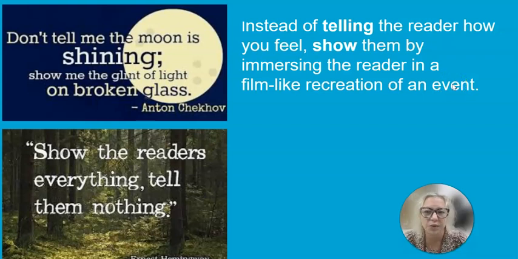So in the example from Anton Chekhov, if the writer were to say, "The moon is shining," sure, we would see a shining moon. But if the writer were to say, "The glint of light on broken glass," reflected, or some other verb, we would have a feeling behind that moon shining that's created.